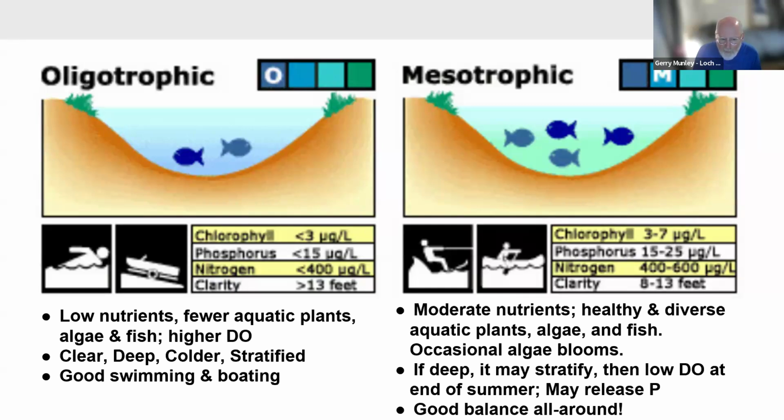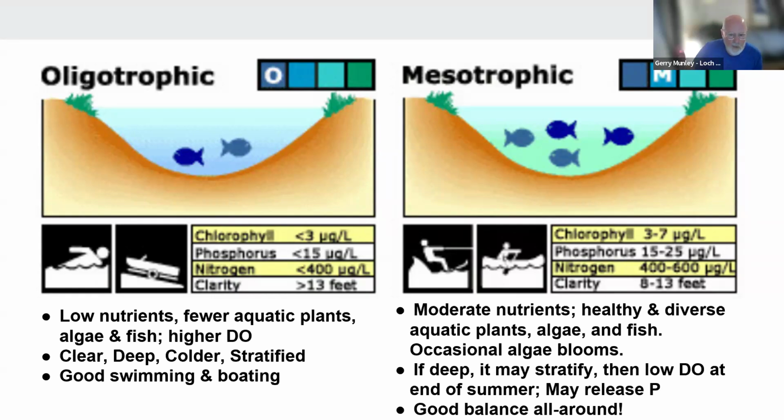All right, so the oligotrophic may be low in nutrients, fewer aquatic plants, great swimming, great boating, very clear and deep, but few aquatic plants. So is that good for our aquatic plants and animals?